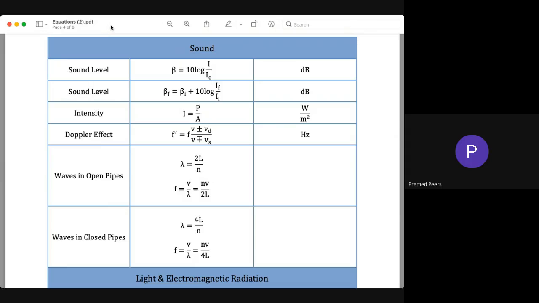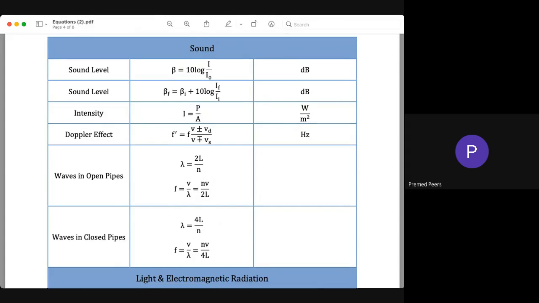And then let me drop in this equation sheet. I thought I could send it here, but I'm not able to drop this in the chat, so I'll put this in the YouTube description.